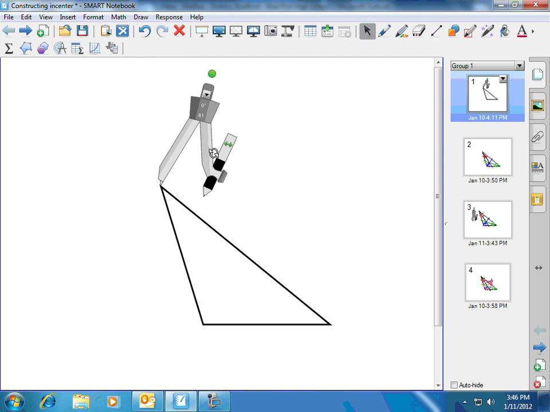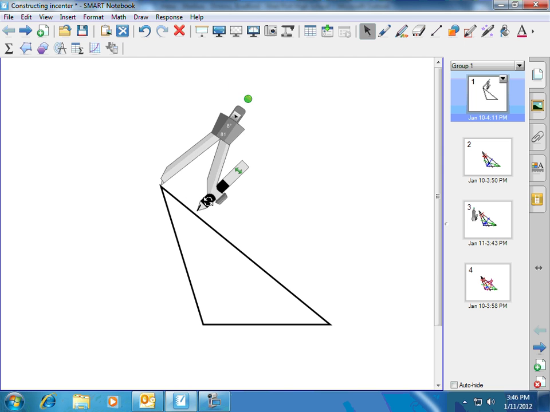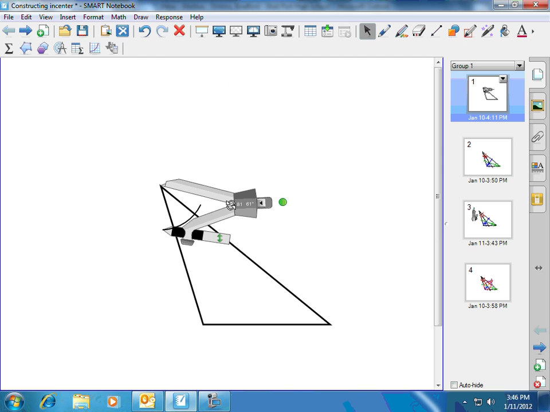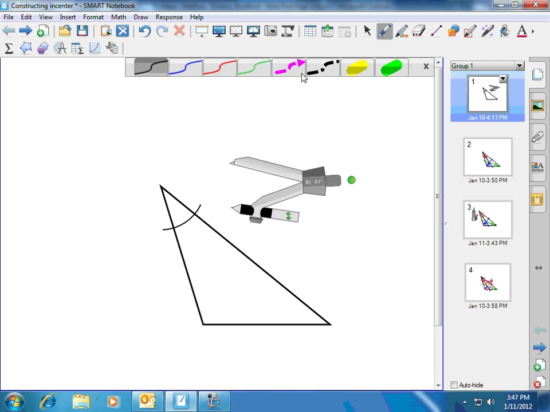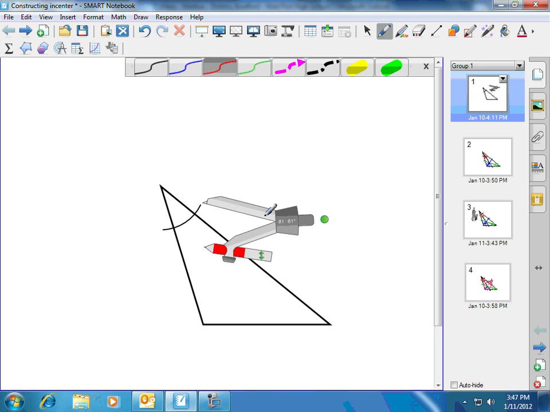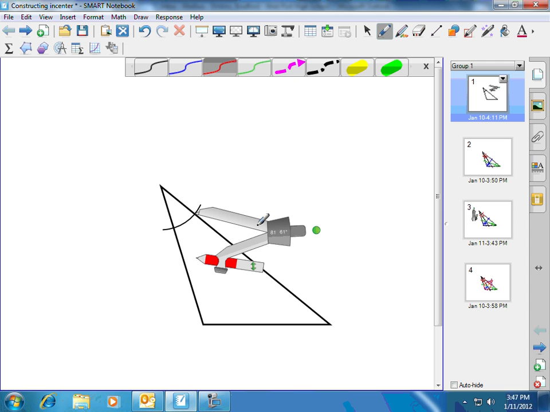So I want to swing an arc through the two sides of my angle that I'm trying to bisect, like this. All right, and then let me change my color here. Then I want to line my compass with the needle on the intersection of the arc and the side of the angle.